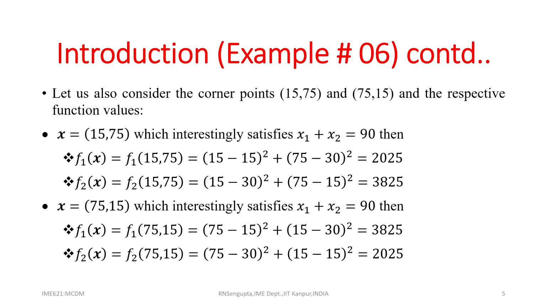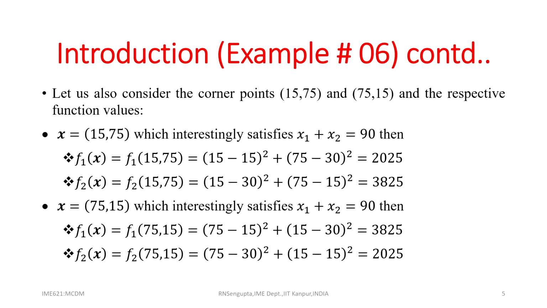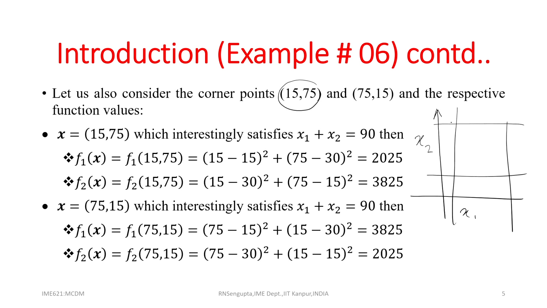So, let us consider the corner points, as we did in the minimization case. These are examples I am taking to illustrate why we are doing so. If I consider x2 here and x1 here, the corner points are these.